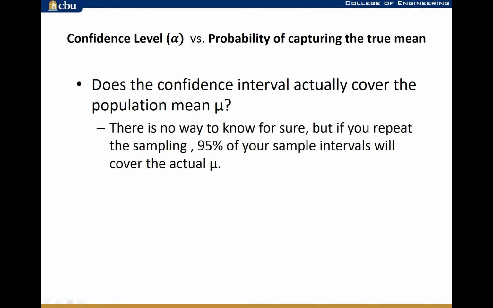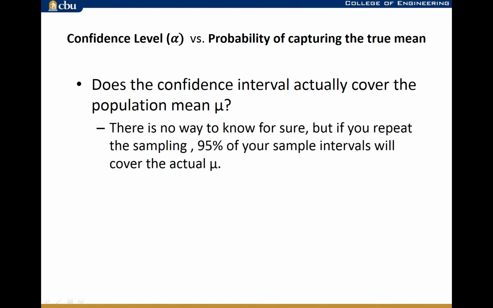So we are going to deal with the problem of confidence level. Alpha means uncertainty, which we talked about before, or we call it errors, versus the probability of capturing the true mean. The first question is asking, does the confidence interval actually cover the population mean, mu? There is no way to know for sure.